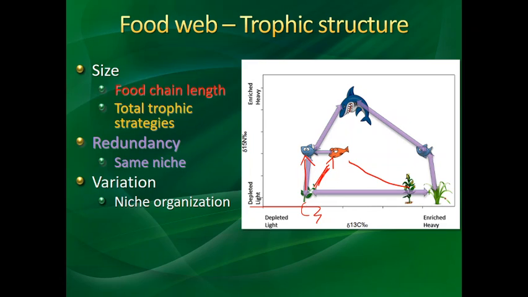So if we make this arrow much thicker, this orange fish here is going to be eating mostly C3 plants and a little bit of C4 plants. That's why it's much more to the right, right?